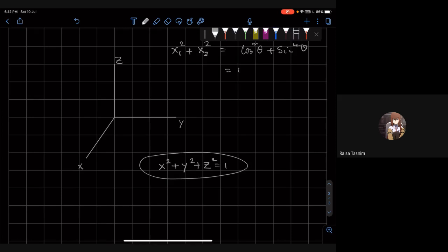Then if x is 1, then all the others have to be 0. If y is 1, then all the others have to be 0. If z is 1, all the others have to be 0, right? And then you can verify that this is a circle. So it's not a very good circle.